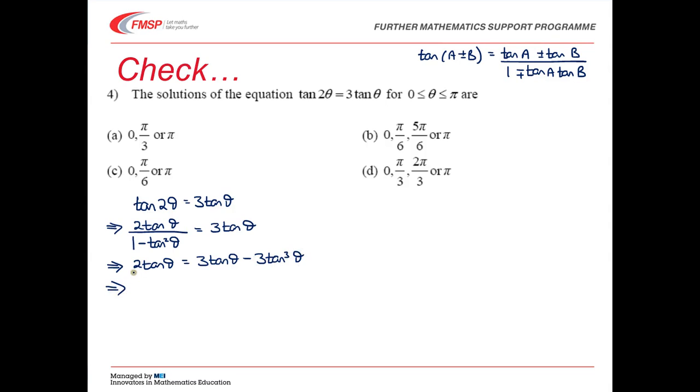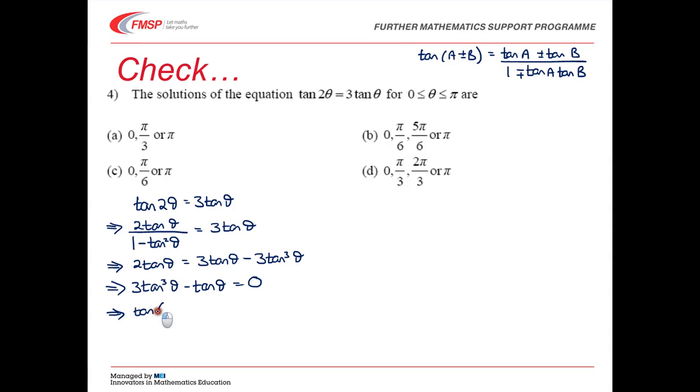This is going to need factorising, so let's get everything on one side and set it equal to 0. 3 tan cubed theta minus tan theta equals 0. And then, again, as before, don't divide by tan theta because you'll lose the solution when tan theta is 0.